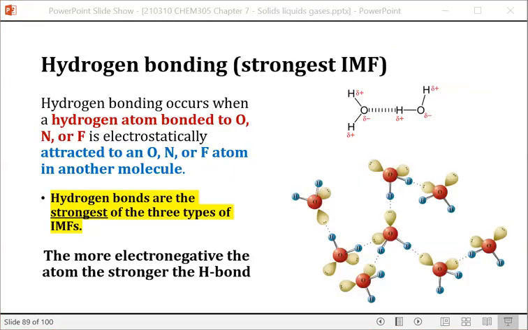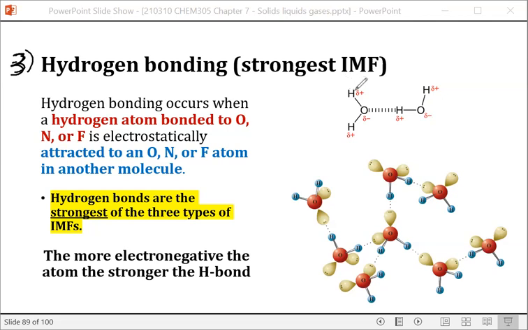Okay, our third type of intermolecular force, hydrogen bonding. This is the strongest type of intermolecular force. So for hydrogen bonding to occur, the things to look for is you have to have a hydrogen atom bonded to an oxygen, a nitrogen, or a fluorine.